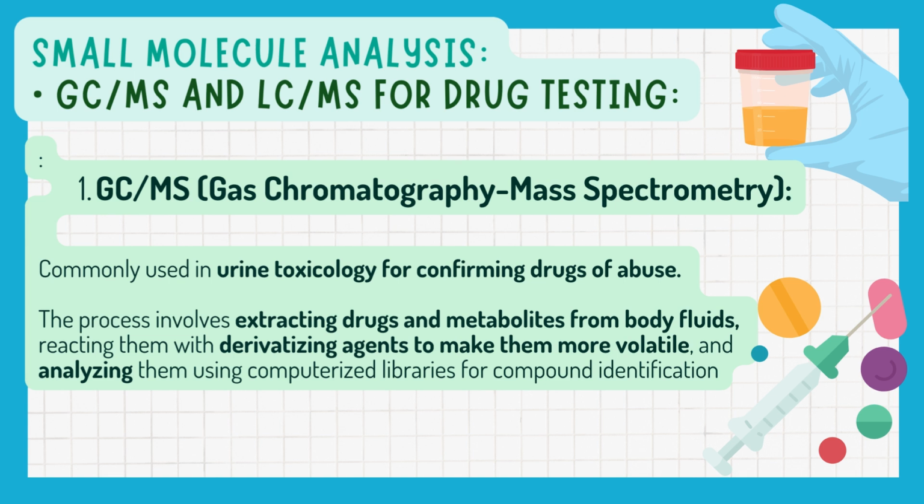The process involves extraction of the drug or its metabolites from the body fluid, in this case urine, and then we react them with derivatizing agents to make them more volatile and analyze them using libraries for compound detection. Okay, so that's our GCMS, or gas chromatography mass spectrometry.